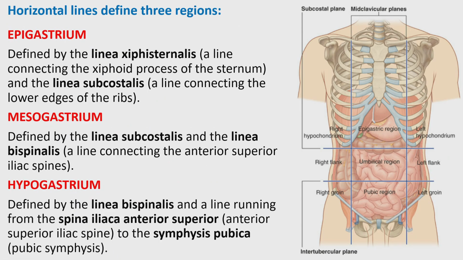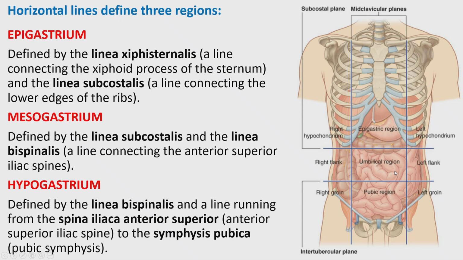Another classification, which is most commonly used and explained in detail, uses horizontal lines that define 3 regions. One is above the subcostal line, called the epigastric region, here in the center.